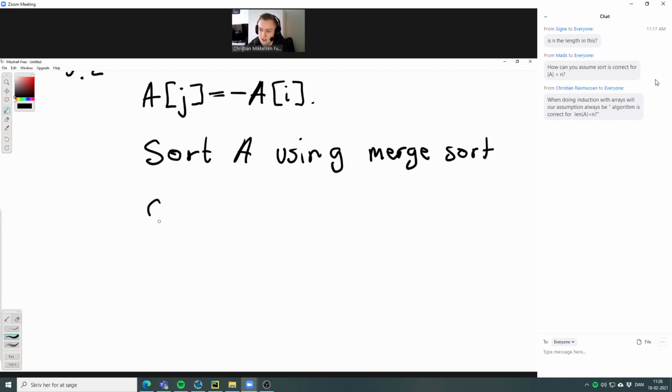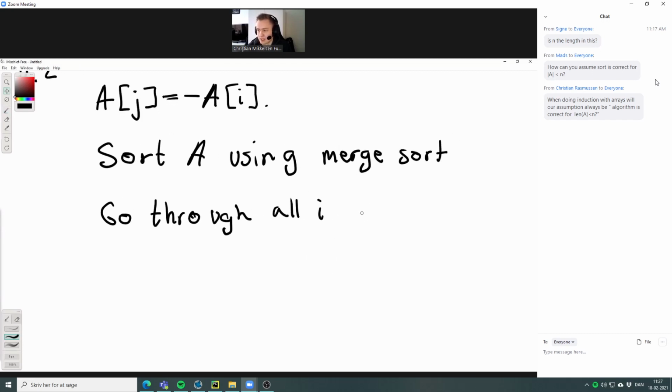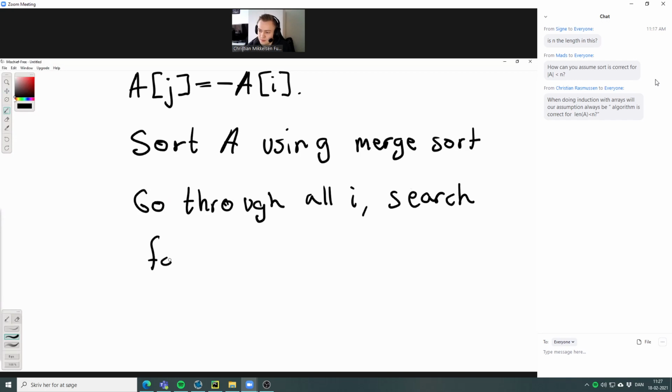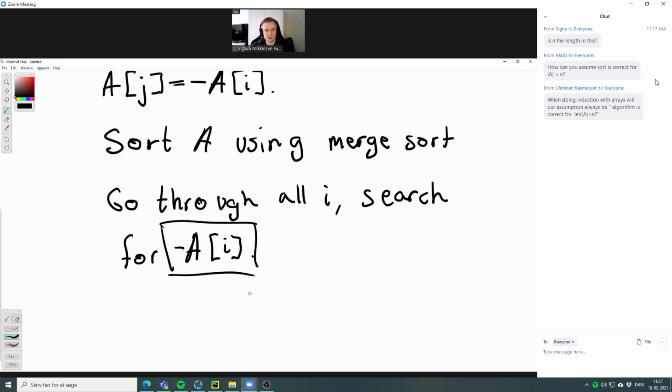And now we go through all i, and then we search for minus a of i. And of course, if we find this element, then we have a 2-sum.